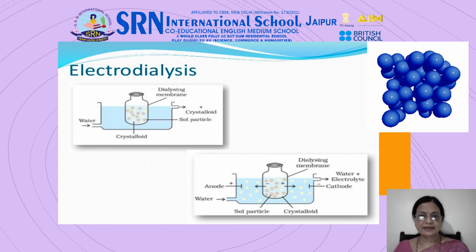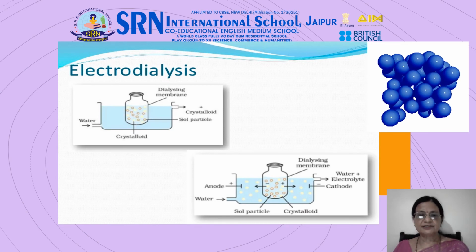It contains a bag of impure colloidal solution, made of a suitable membrane, and it is suspended in a vessel through which fresh water is continuously flowing. Molecules and ions present in the colloidal solution diffuse through the membrane into the outer water, and pure colloidal solution is left behind.